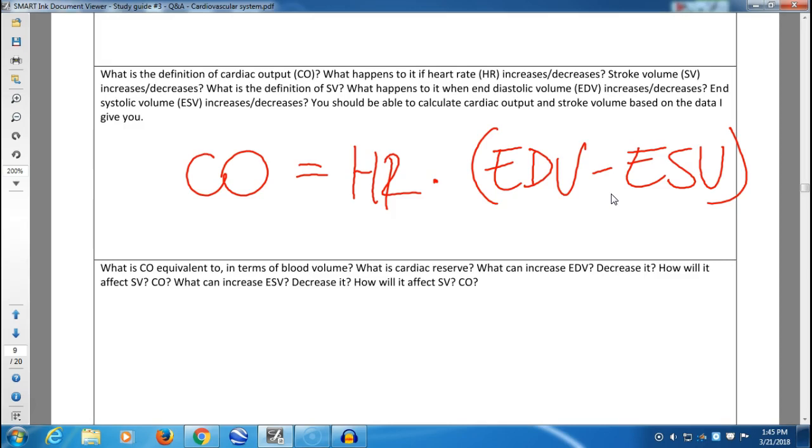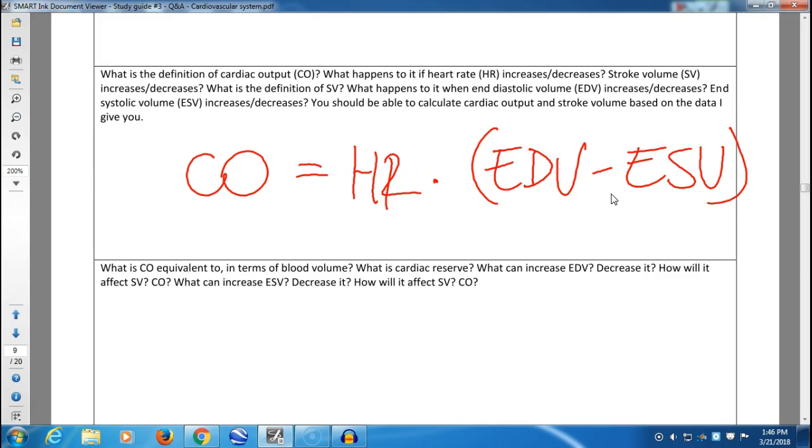Because think about this. If my heart rate now would magically decrease, normally, physiologically, what would immediately increase to maintain my cardiac output stable? End diastolic volume. Thank you very much.